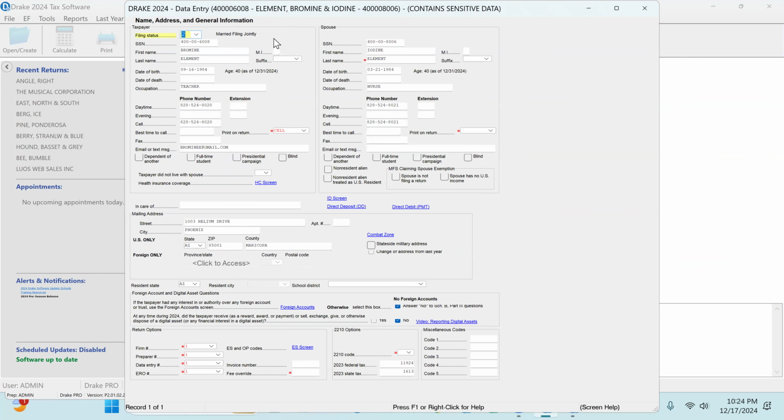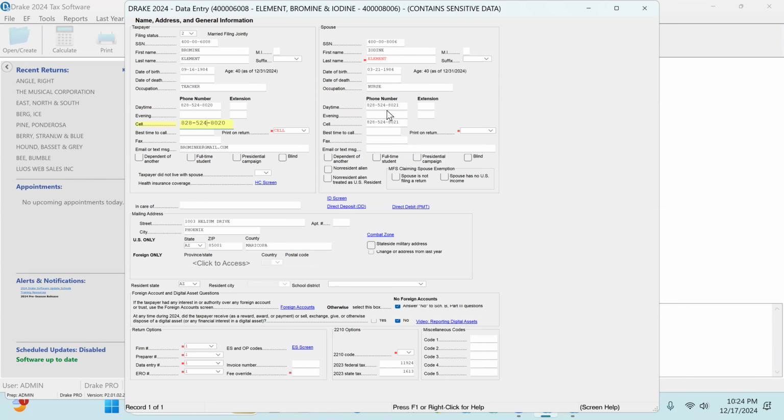This is a married couple, so we use number 2. This is the taxpayer's information, and this is a teacher. This is the spouse's information, a nurse. Okay.